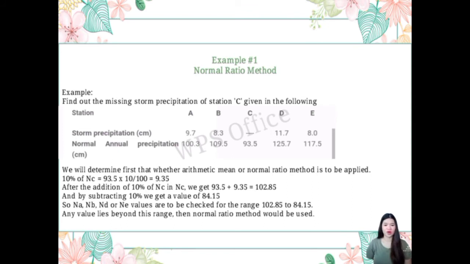After that po, need po natin i-check if yung value po ng normal annual precipitation ng Station A to Station E is hanggang sa range lamang po ng 84.15 to 102.85. So, dahil makikita na lahat ng value po, bawat station ay lumagpas po doon sa range, ang gagamitin po natin formula is normal ratio method.